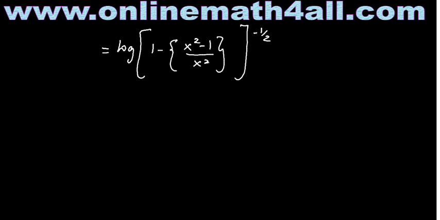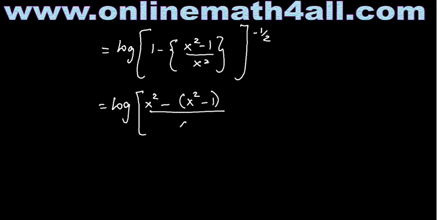Okay students, now we have an integer and we have a fraction. Now we subtract these two. I've already told you, whenever we add or subtract an integer and a fraction, the integer has to be multiplied by the denominator, and the denominator is taken as the common denominator. So log x square times 1 will be x square negative of x square negative 1 over x square to the power negative 1 over 2.